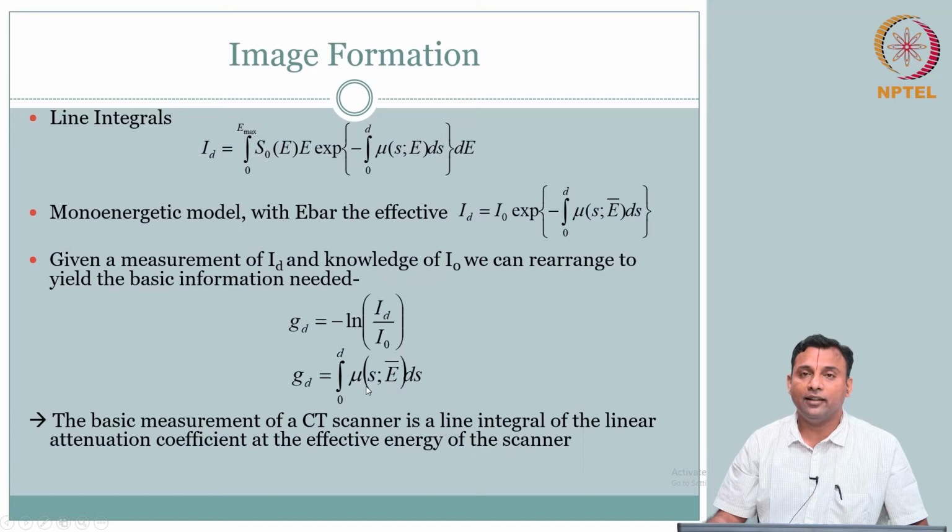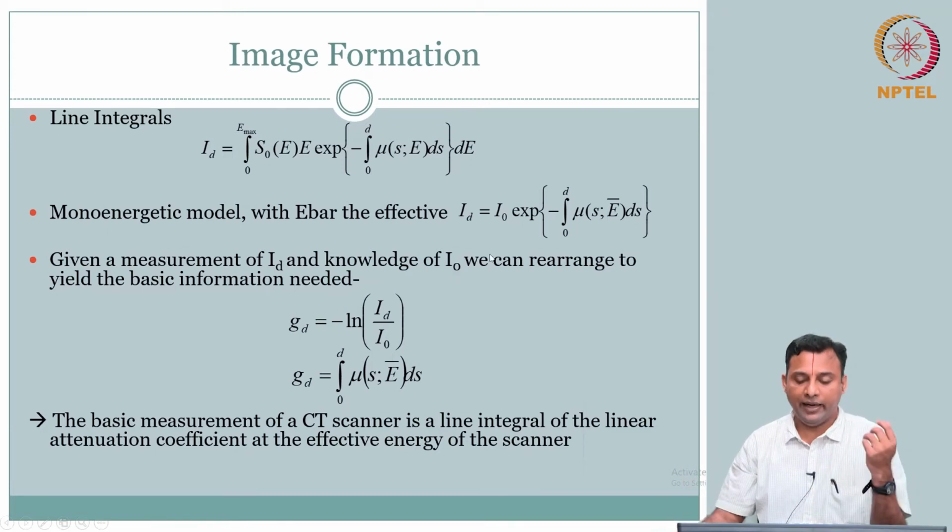that is one thing. The other thing is, we talked about mu being a material property. You already see here that what you measure is also dependent on the system: the energy that you are going to use, how it is going to be calibrated, what is going in. All of that influences your GD.